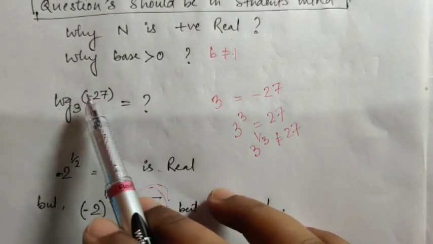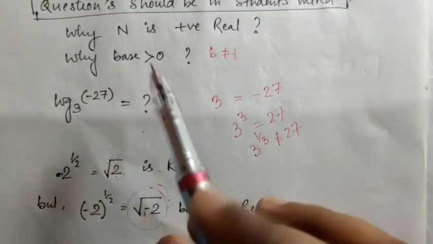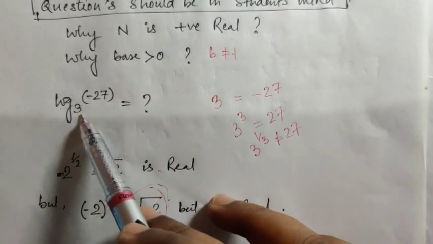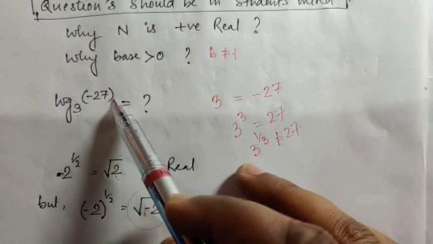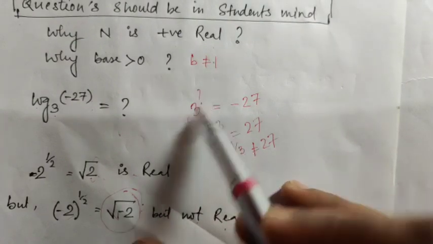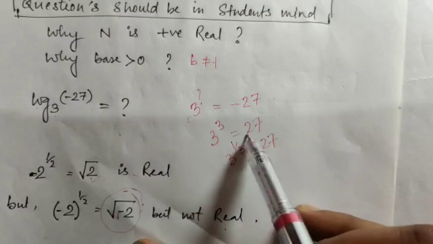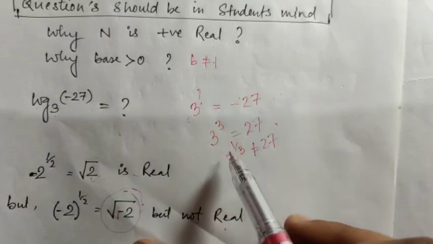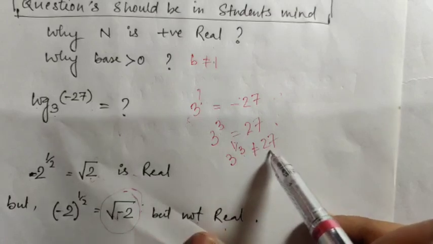Now let us take this example. log minus 27 to base 3 is a question. That means 3 will be raised to what power so that you get minus 27? If you raise 3 to the power 3, then it is 27, not minus 27. If you raise 3 to the power 1 by 3, that is not 27.